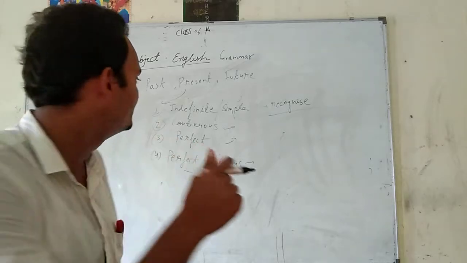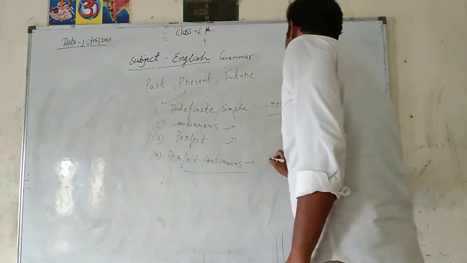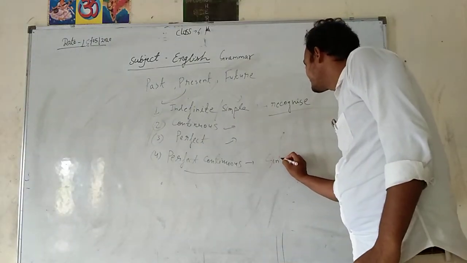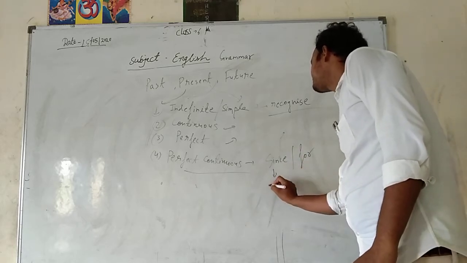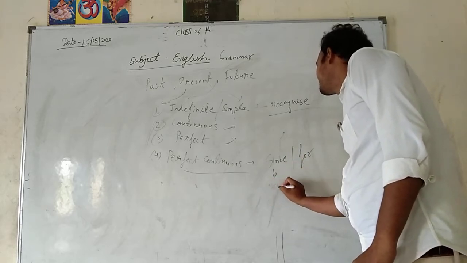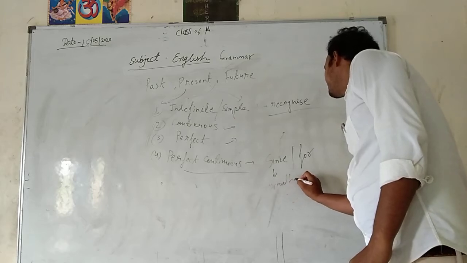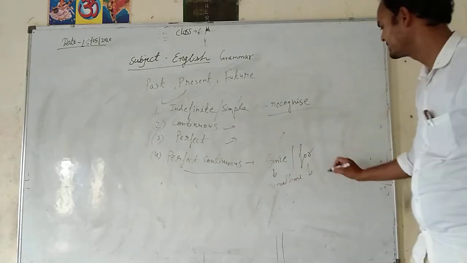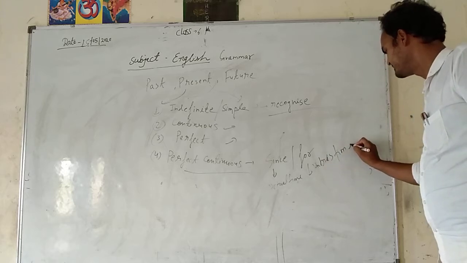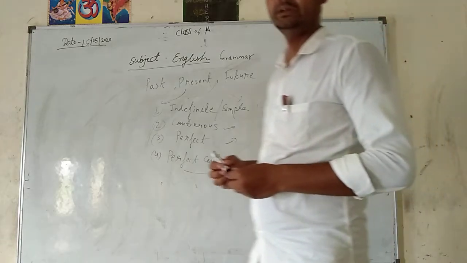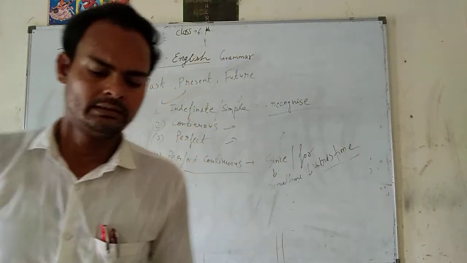And in that we use since and for to express the time. Since is used with the actual time, and for is used with a duration.